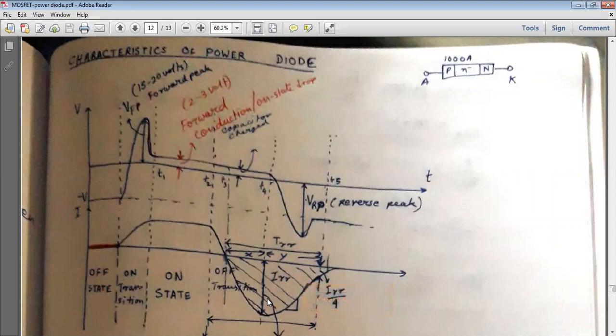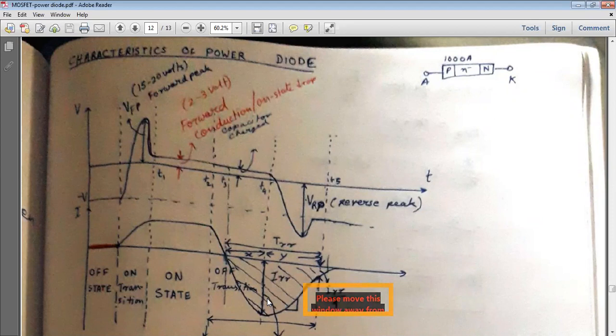This is also known as reverse recovery current. After some time the resistance will come to a minimum value, and then the voltage is going to continue with a constant minimum value. Resistance slowly decreasing means the current is increasing, and during the on transition, the resistance is offered by the n minus layer. So now the transition period is over.